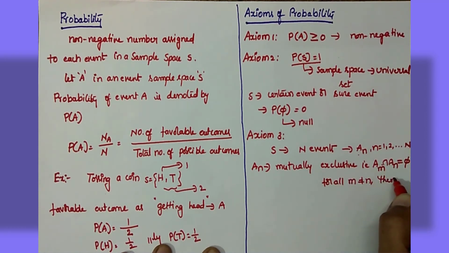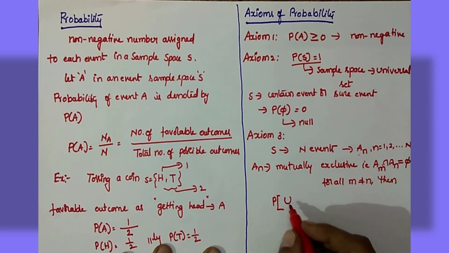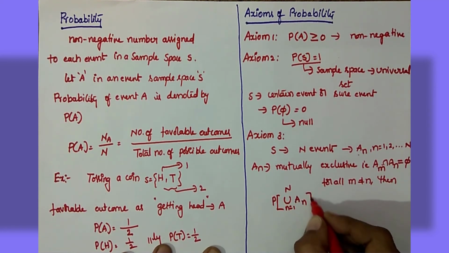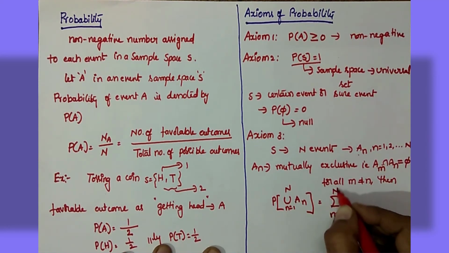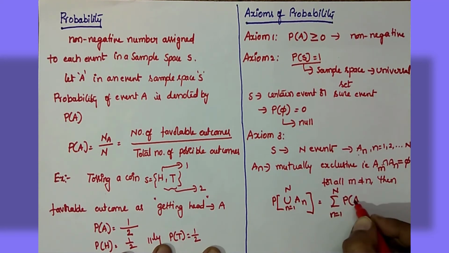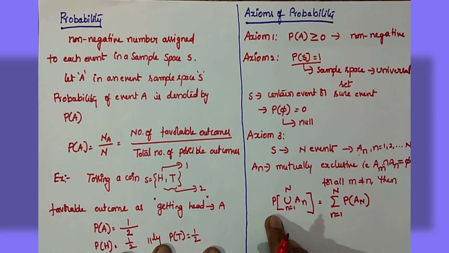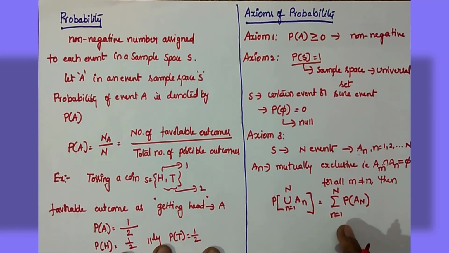Then P of the union of An, n from 1 to N, is equal to the sum over n from 1 to N of P of An. This is axiom 3. It means the probability of the union of all the events is equal to the summation of the probabilities of individual events.